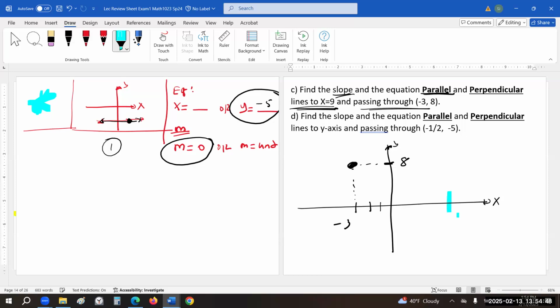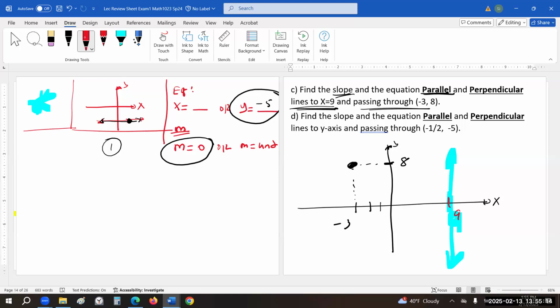Let's say somewhere here we have 9, so x equals 9 is this line. Before, they gave us parallel to the x-axis or y-axis, but this time it's parallel to the x equals 9 line. So draw your x equals 9 line so we can see it.